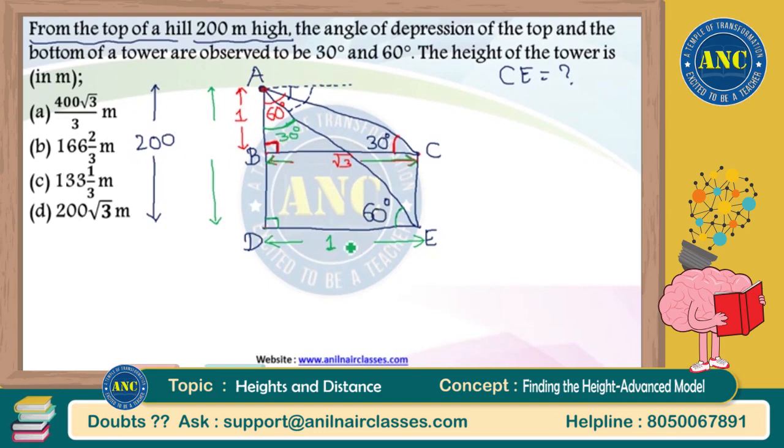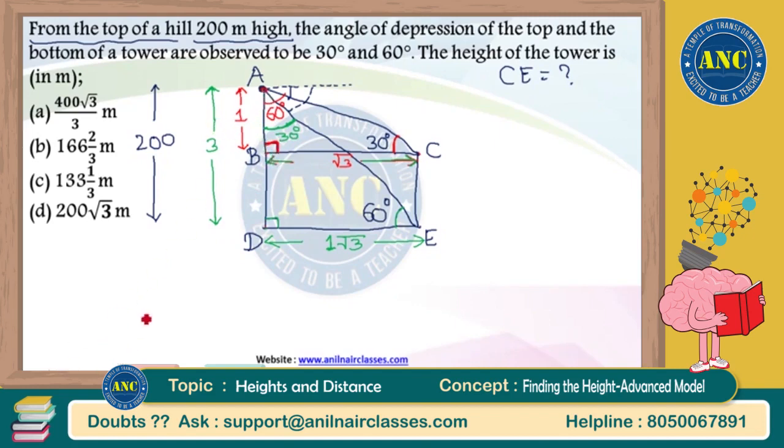That means multiply by root 3. That means opposite to 30, if it is root 3 units, then opposite to 60 will become 3 units. That means the entire AD value according to the question is 3, according to the assumption is 3.